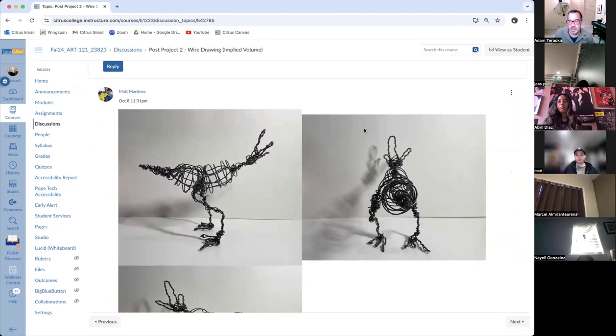So this is Matt's, and I think it's a good one to start with because it shows a lot of volume, like the kind of volume that I'm looking for in this project. And then it also shows maybe a possibly missed chance or two to create volume.